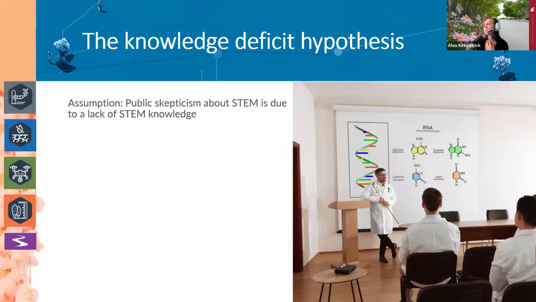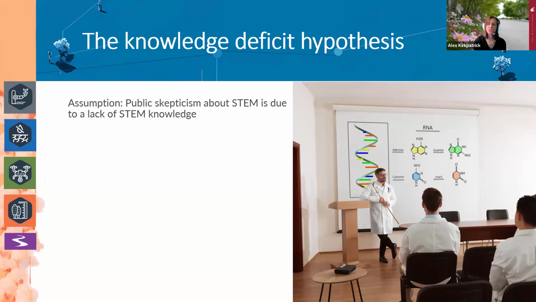And this is a well-trodden path, but the first assumption of the deficit model is that there exists a general public, and that's not really true, right? We are a collection of different publics. But anyway, the assumption is that this monolithic public is underinformed about science and technology, which isn't necessarily true.